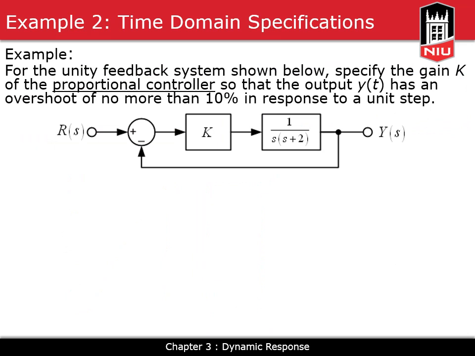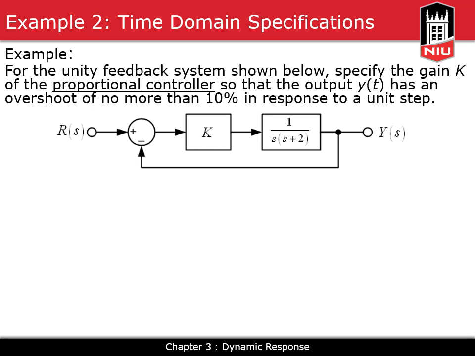Here's another example, a different block diagram. This one is actually not given exactly in the form of a standard second order transfer function. So let's see what we have to do with this. The question is to specify the gain of the proportional controller so that the output Y has an overshoot of no more than 10% in response to a unit step.